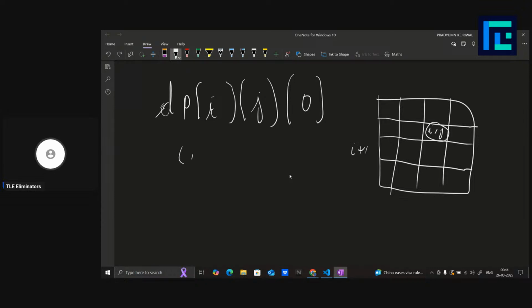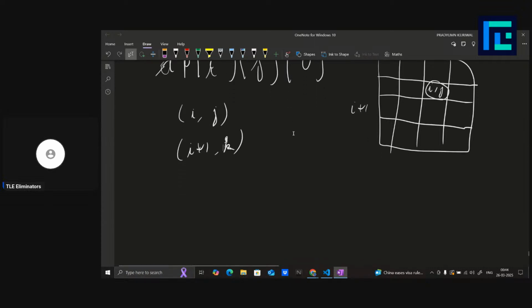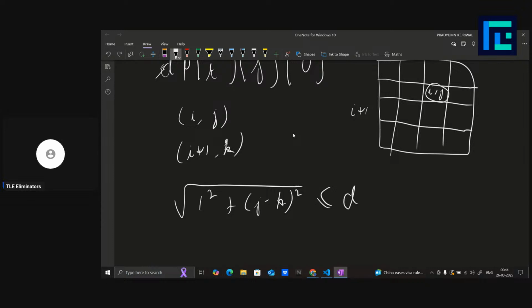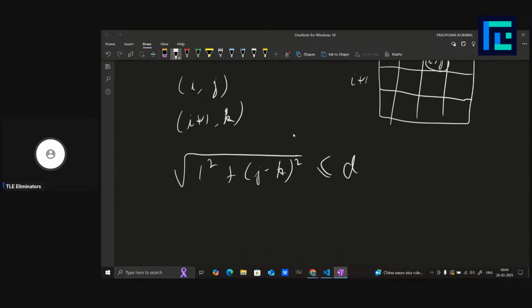Currently I am at i comma j, and I could have come from i plus 1 comma k if the distance between these two points is less than or equal to d. The distance is the square root of 1 square plus (j minus k) whole square. If this is less than or equal to d, then you can transition from i plus 1 comma k to i comma j.